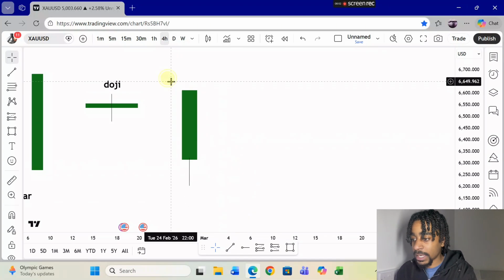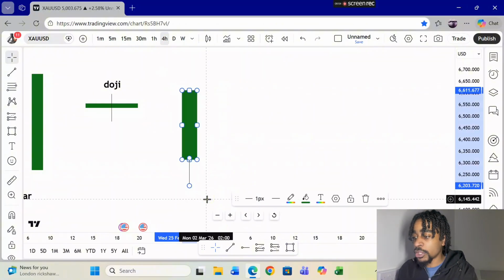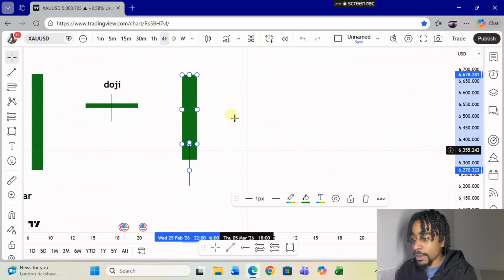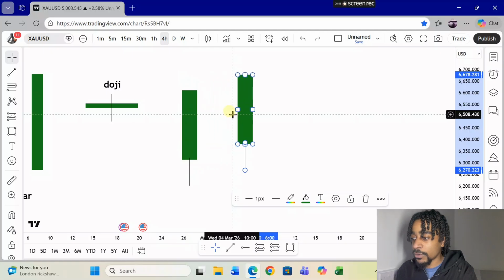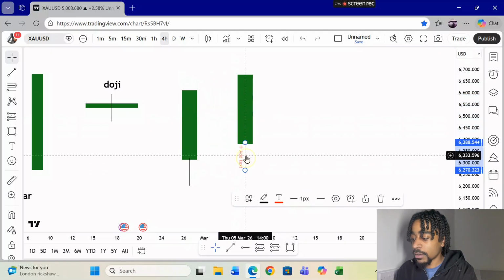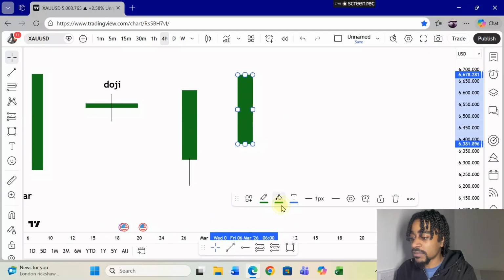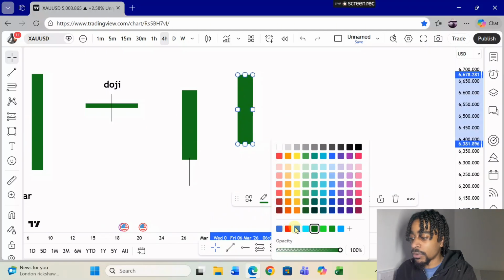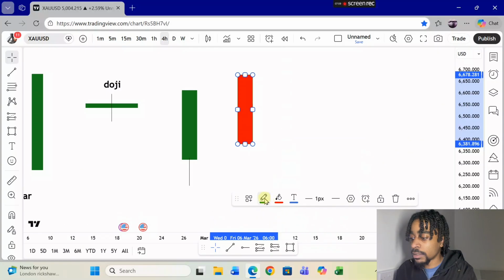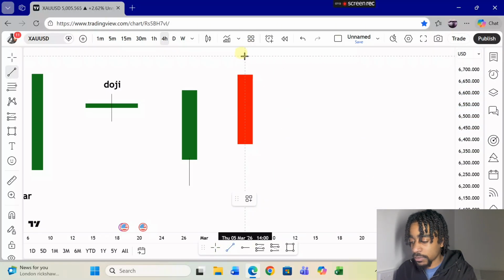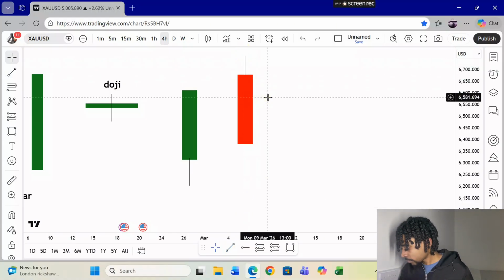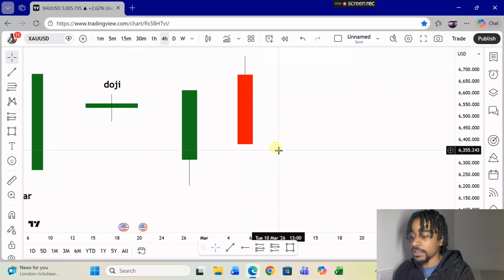Now, again, like I said before, anything you see on the bullish side, you can also see on the bearish side. So this bull pin hammer can easily also be a bear pin hammer, which is the opposite, as you guys can see that.